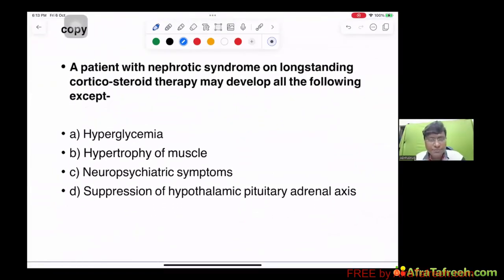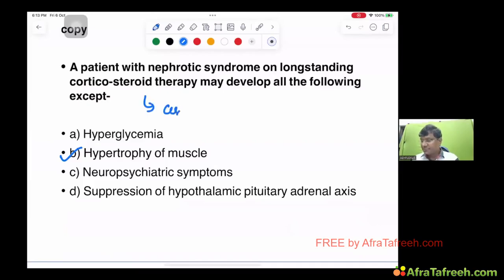Patient with nephrotic syndrome on long-standing corticosteroid therapy may develop all of the following except. Very good, Jacob. So they will not have the hypertrophy of the muscle. Individuals on long-standing steroids develop Cushing's.